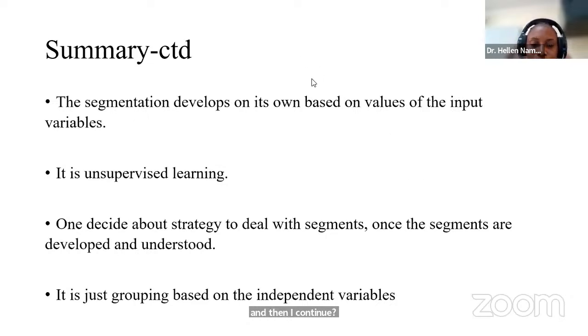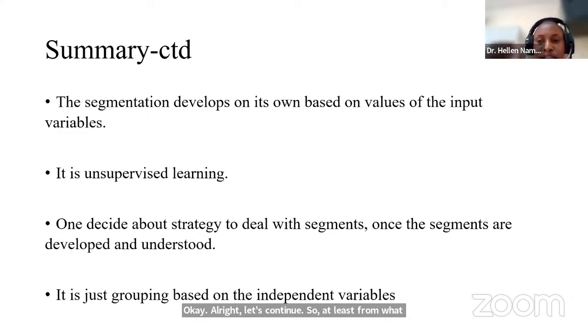Okay. All right, let's continue. So, at least from what I've just talked about, right now we know what cluster analysis is all about. That was just a basic introduction, such that we understand how the grouping looks like, and then we also need the concept of the intra-cluster, because we want to understand the distance within a given cluster should be small, and it will be large between different clusters.